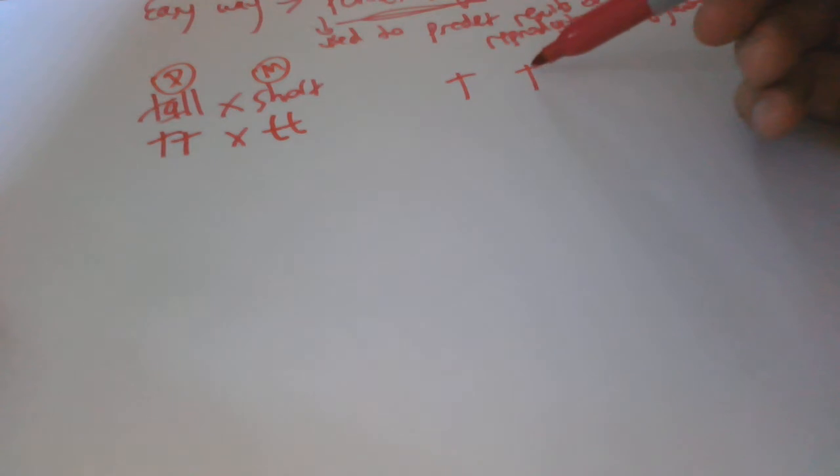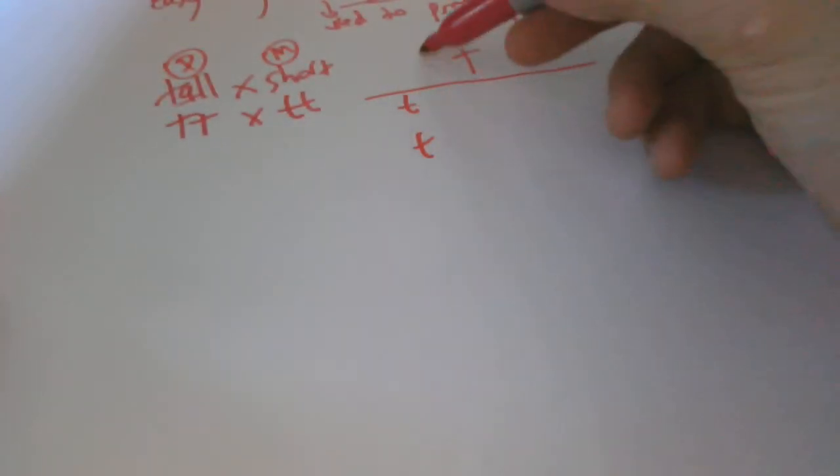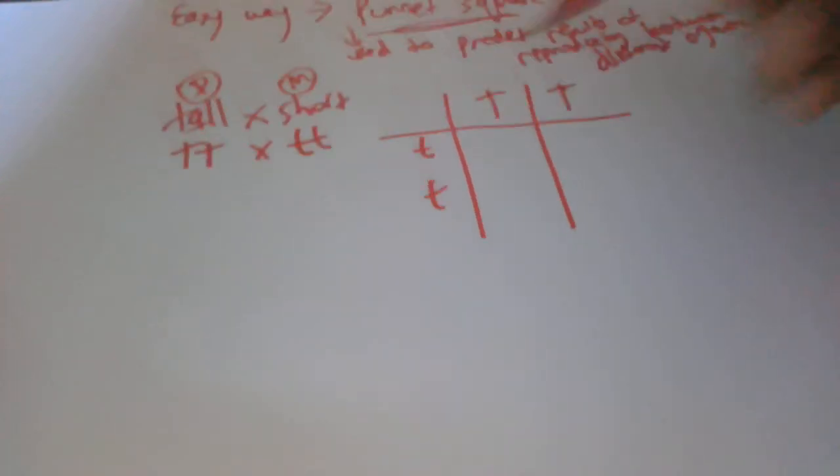Here's a Punnett square diagram. So let's start off with, let's say this guy's the dad, this one's the mum. The tall, so we have 1 chromosome, 2 chromosomes, the 2 T's. The mum is here, and we draw a Punnett square.